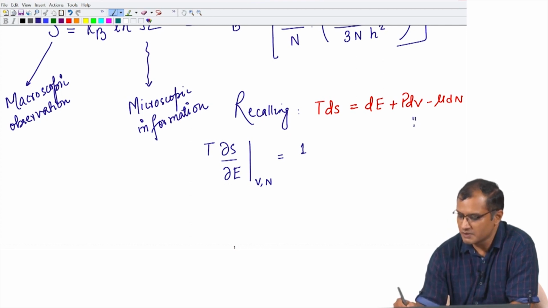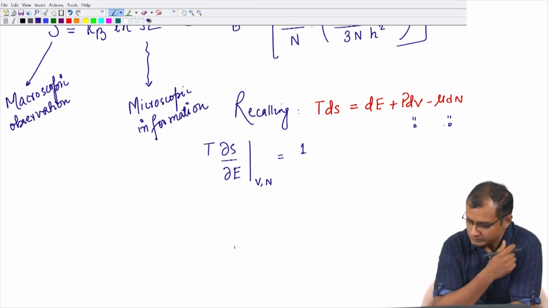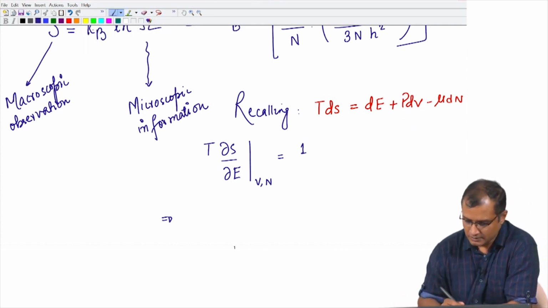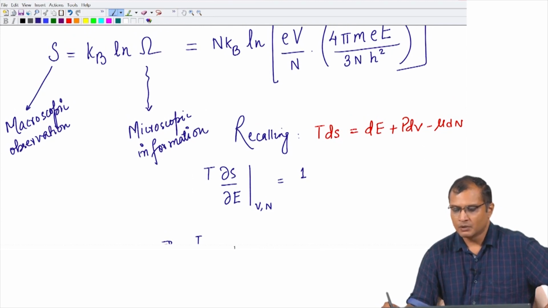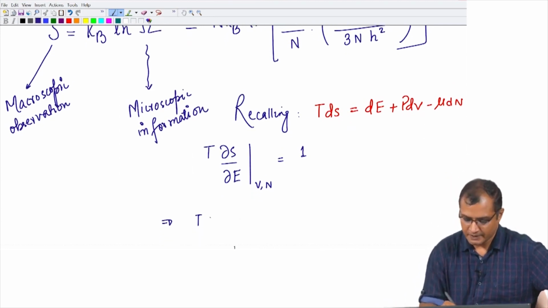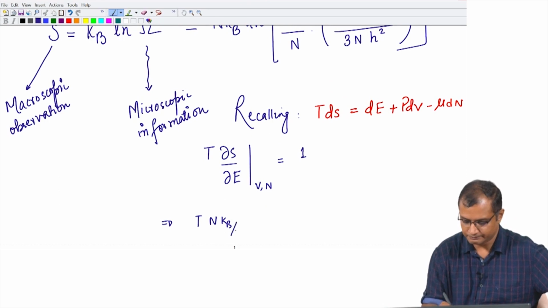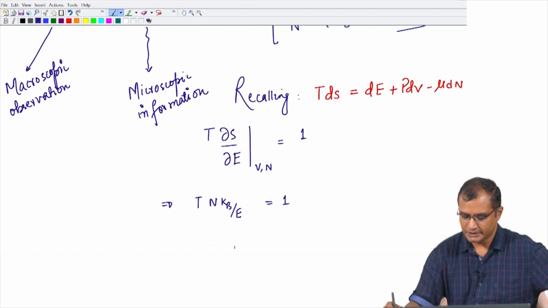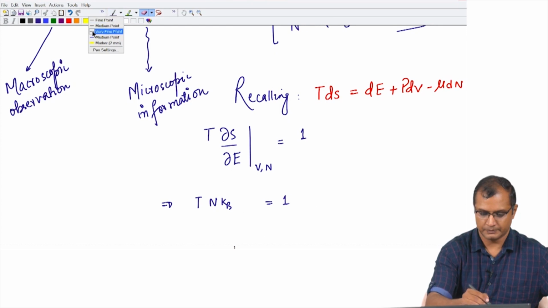So you will see that this will go to 0 and this will go to 0 because N and V are taken to be constants, and what you get on the right hand side is just 1 because you have taken the derivative with respect to E. So this will give us T times, if you look at your entropy expression, taking the derivative with respect to E will give us nothing but N k_B over E equals 1, and there will be a factor of 3 by 2, which is precisely this factor.